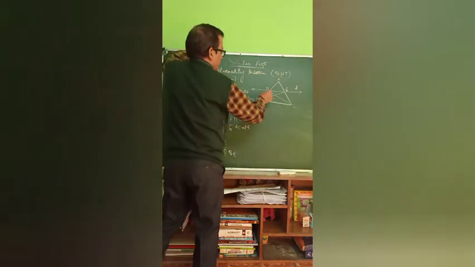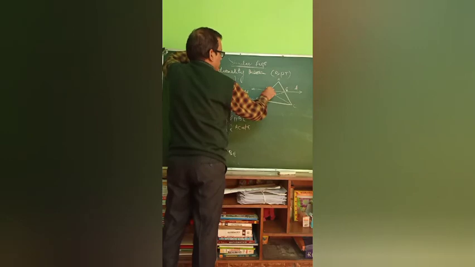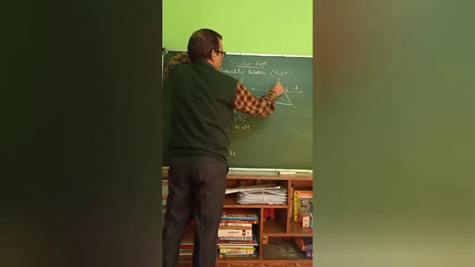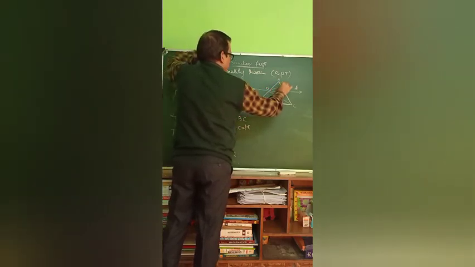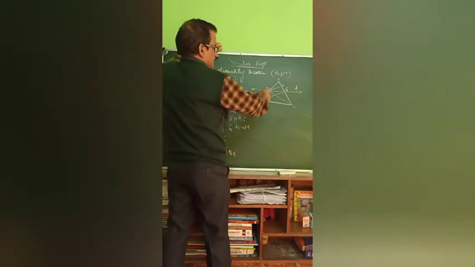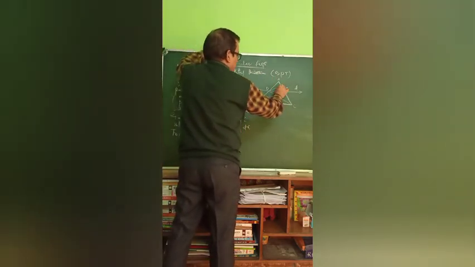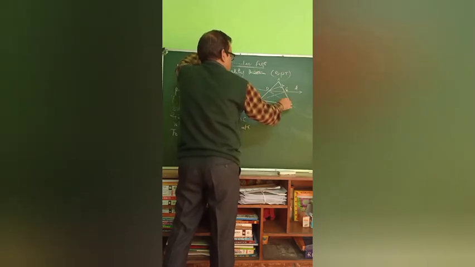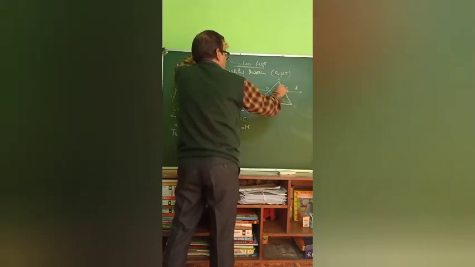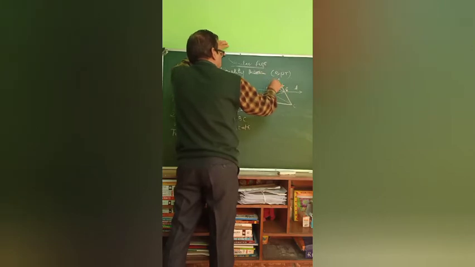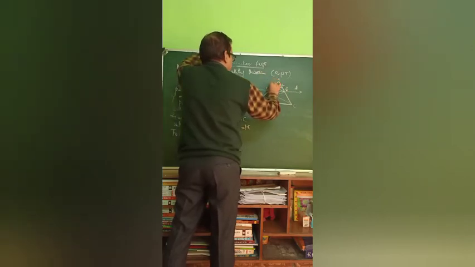Also we have to draw perpendiculars. Draw DL perpendicular on AC. This is perpendicular. And EM perpendicular on AD or AB. This is also perpendicular.